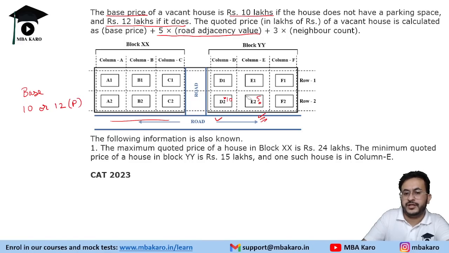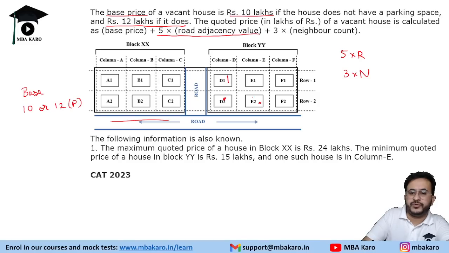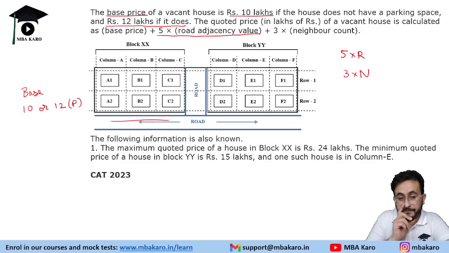So that was 5 into roads, and 3 into the number of neighbors. For example, D2 can have two neighbors, and E1 can have one, two, three possible neighbors. So that was the condition given here.